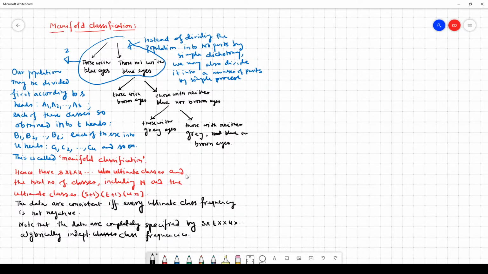Now consider the contingency table. Let us consider the classification in which the attribute A is S-fold and B is T-fold.